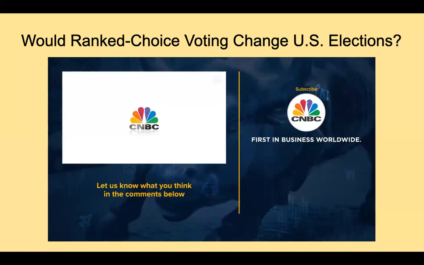Max says candidates and parties would have to adopt more moderate platforms. Right, Max? Because they would need to appeal to a larger audience, right? Because if people have 5, 6, 7 votes instead of just one, and if 5, 6, 7 rounds of preferences will determine the election, well, suddenly you've got to appeal to really everyone, right?